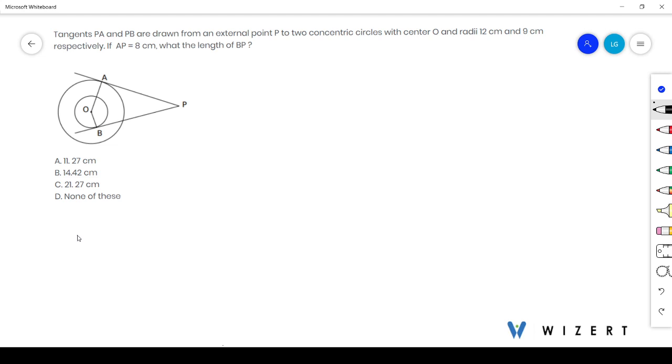Here we have given that the two concentric circles with the center at O, AP and BP are the tangents at points A and B. OA and OB.